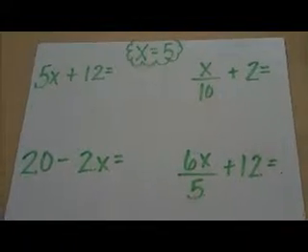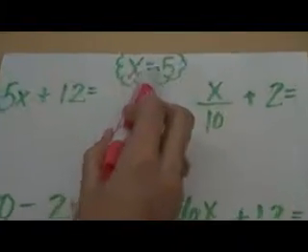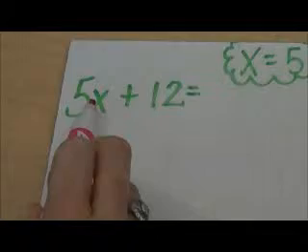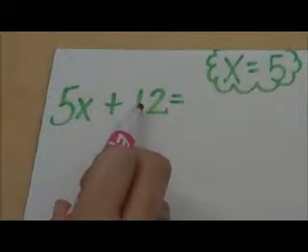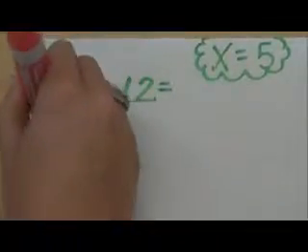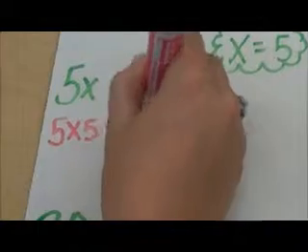Now, on my next board, we're also going to solve for x, solve for our variable, but we've got some multi-step problems that we're going to have to do here. This time, x is going to equal 5. In my first equation, I have 5x plus 12. So we're going to multiply 5 times 5, and then we're going to add 12.